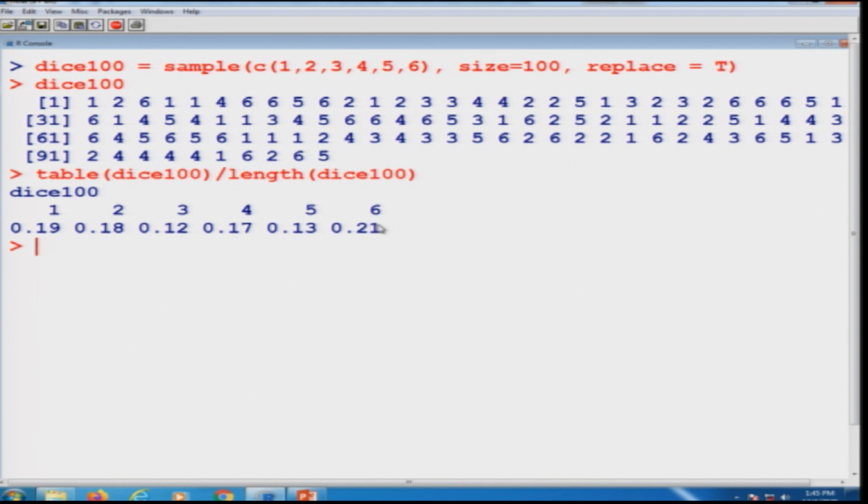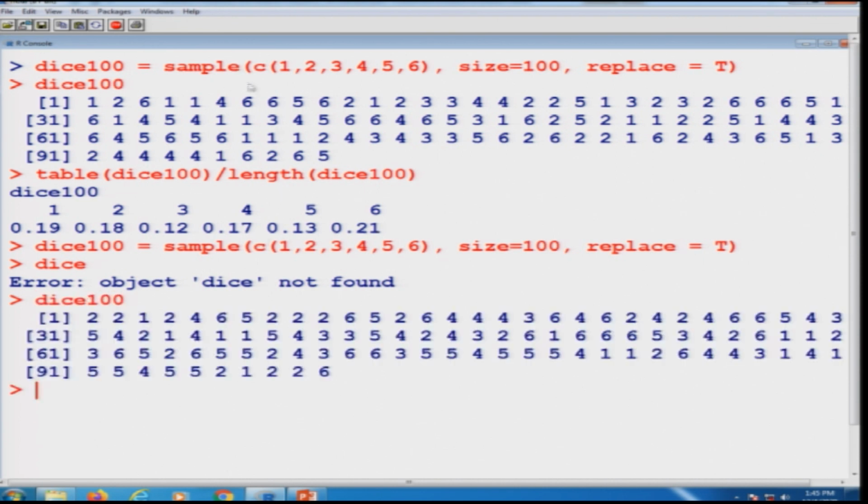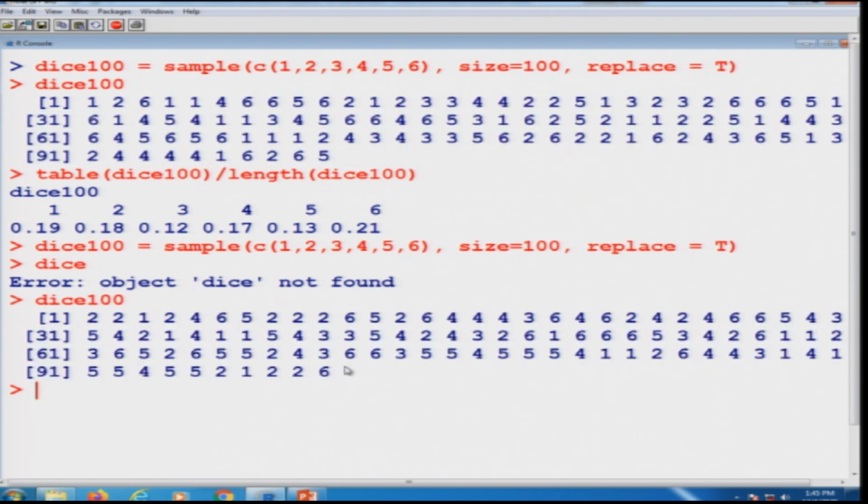right. And if you repeat this experiment 100 times once again, this data is going to be different from the data we obtained earlier. You can see that this data and this data are different.